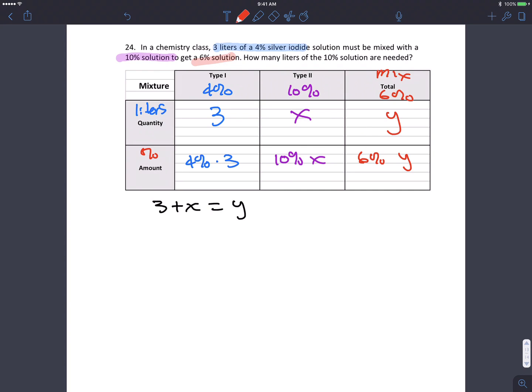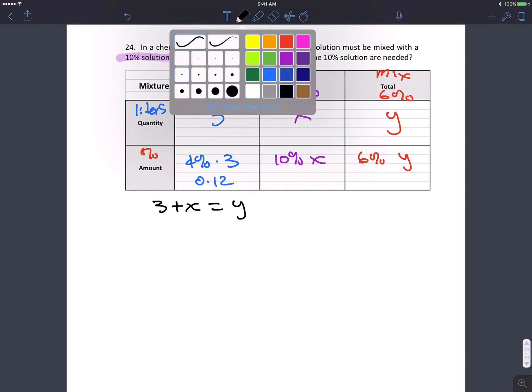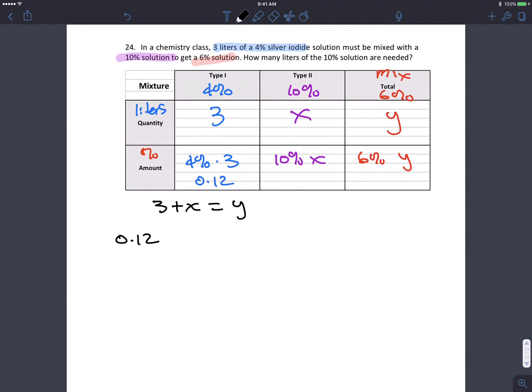You always use the decimal representation, and that's going to be 0.12. Here's your equation. 0.12 plus 10% x gives you 6% y. Replace the 10% and the 6%: 0.10, 0.06.